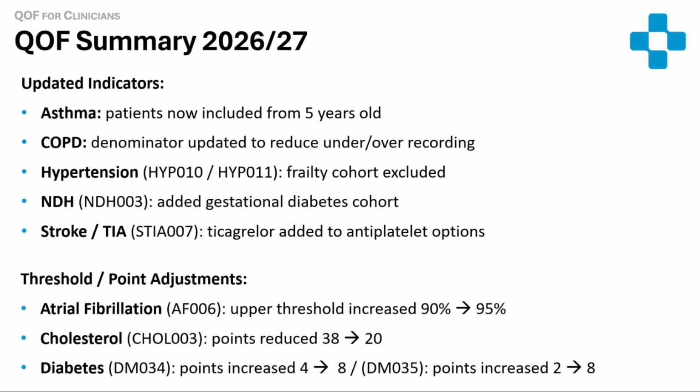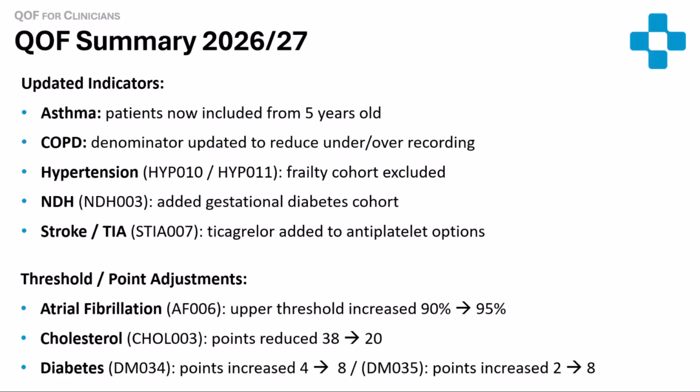In terms of indicators that have been updated, you'll see that 5 of them have had updates to the existing indicators, which include asthma, that's now including patients that are 5 years old and above. COPD, they've updated the denominator itself to reduce the under and over recording of diagnosis there.